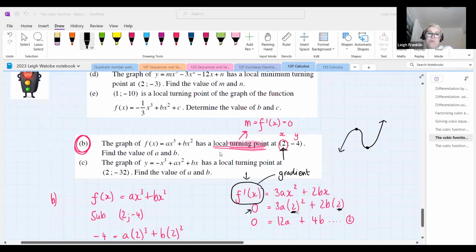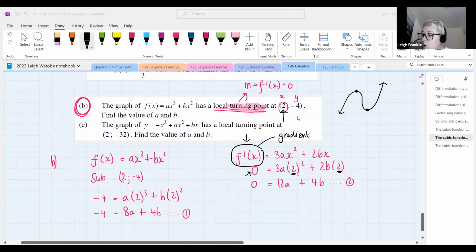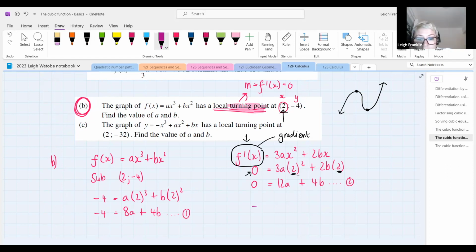They can give you a maximum of three unknowns, but then a little algebraic manipulation has to take place. Most of the time, it's going to be two unknowns that you need to solve for simultaneously. They can't make it impossible for you; there's got to be something you can do with the information you've been given. And now you would solve simultaneously. So you've got -4 equals 8a plus 4b.